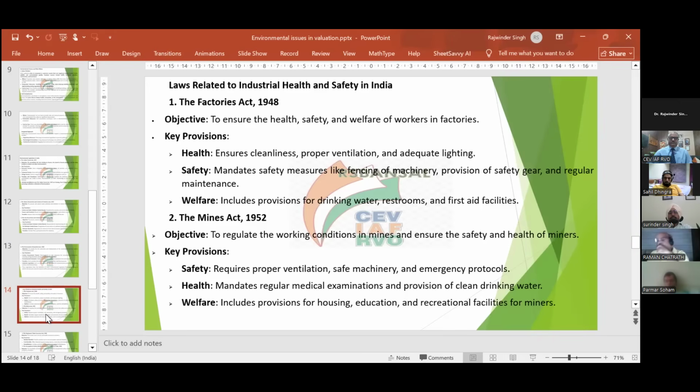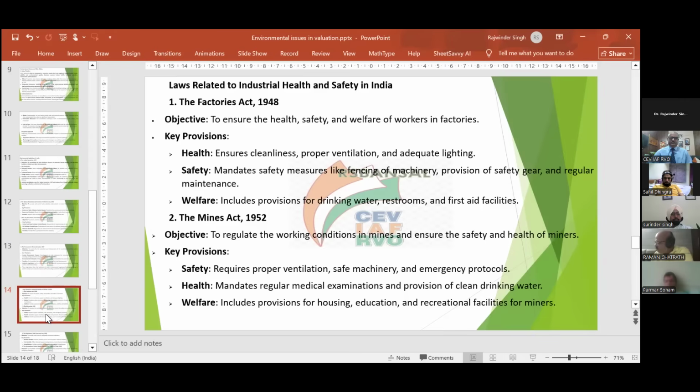And then the next act you must know is the Mines Act 1952. Its objective is to regulate the working conditions in mines and ensure the safety and health of the miners. Its key provisions: for safety, it requires proper ventilation, safe machinery, and emergency protocols to be followed in the mines.